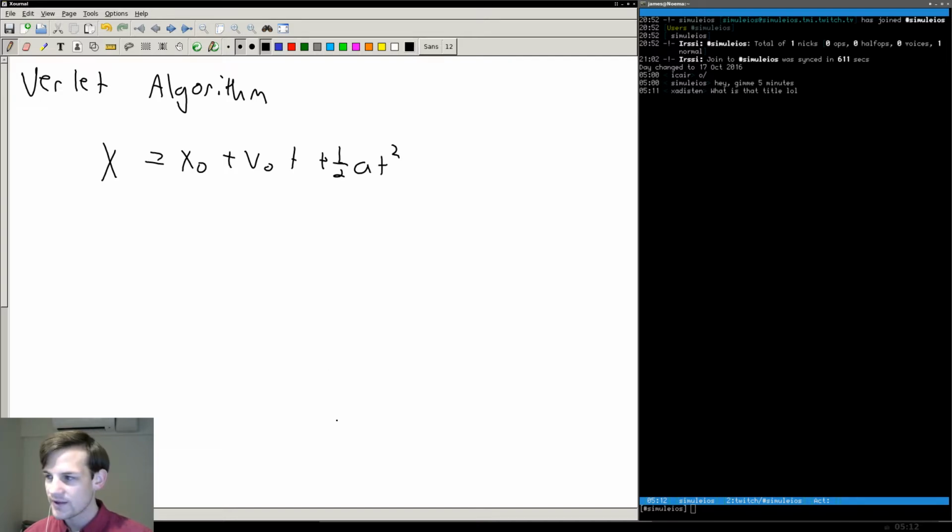We have x, whatever our position is going to be equal to some initial position plus some velocity times time plus some acceleration times time squared plus 1/6 some sort of jerk, which I think they call b, t cubed. This term you don't typically see, but it's just a higher order term for the Taylor expansion of our kinematic equation, which I feel like a lot of people should know.